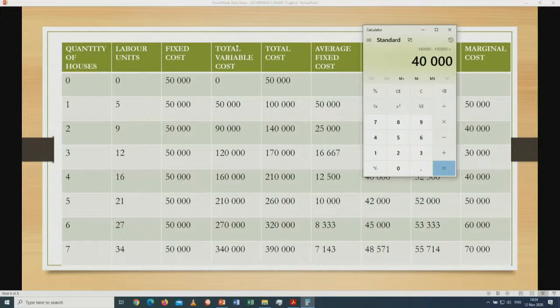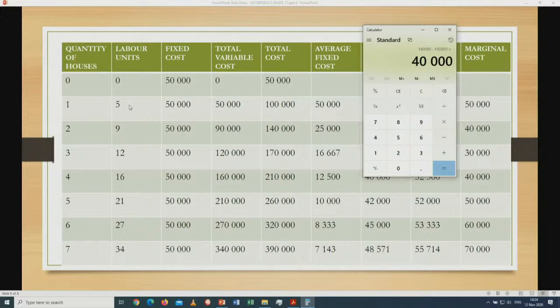But look at what has happened to your raw materials or your variable costs. As we produce 4 houses now, you need more of the variable cost or more of the raw materials or the inputs, including your labor. You are now using more people than when you were building one house. You only used 5 people.